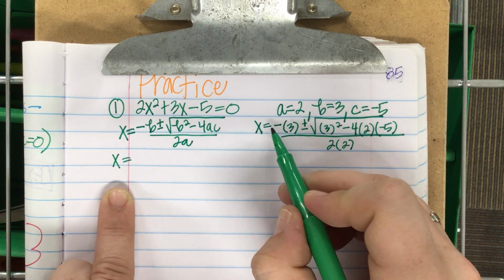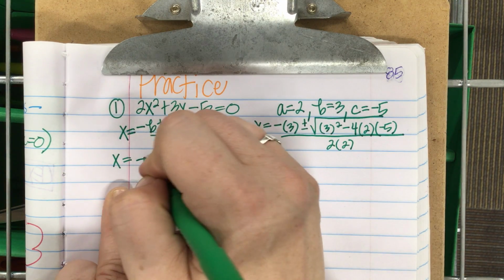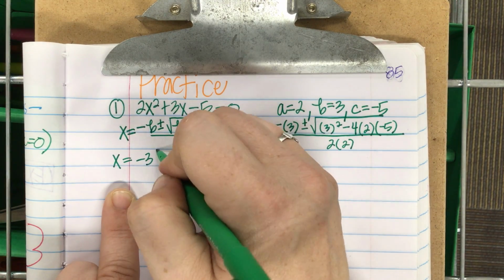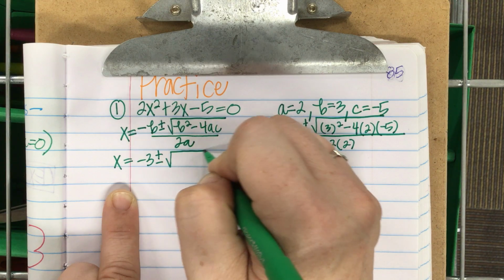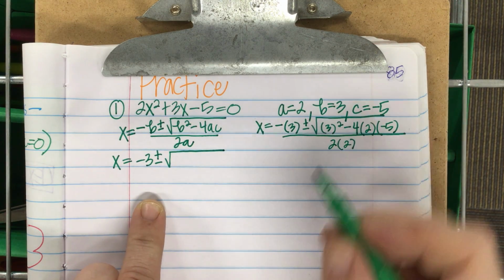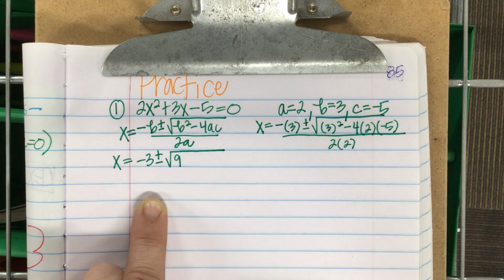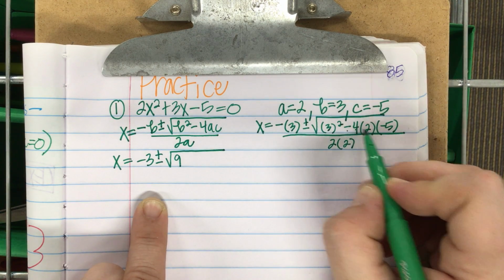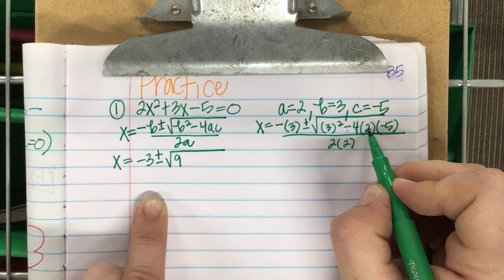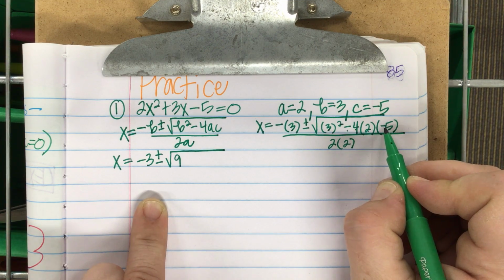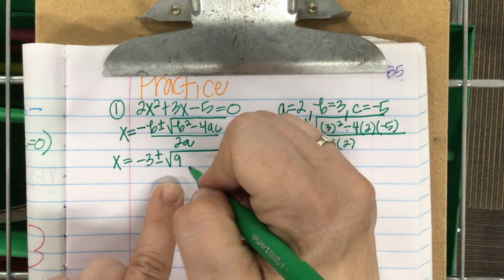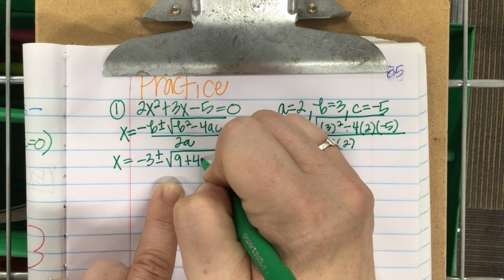X equals -3 plus or minus the square root. And I know that 3 squared is 9, correct? And I know that -4 times 2 is -8, times -5 is positive 40.